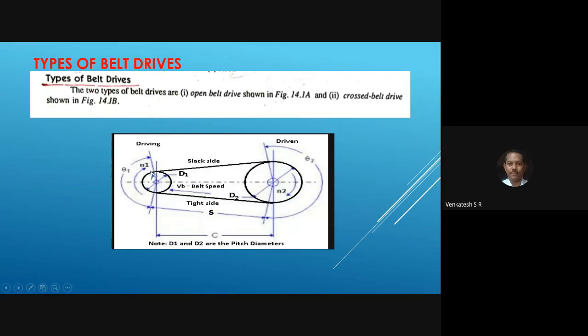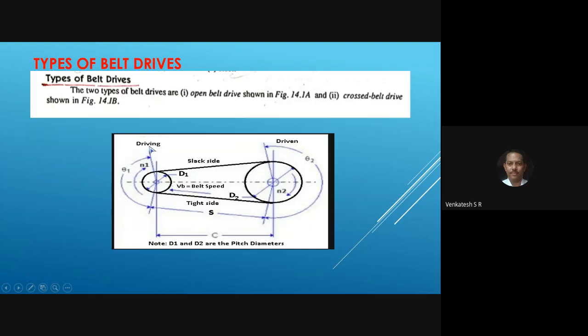Say in which RPM the driving pulley rotates, that is N1, and the driven pulley rotates, that is N2. Imagine a simple calculation. Say the driving pulley diameter is 100 millimeter, and driven pulley diameter 1000 millimeter.